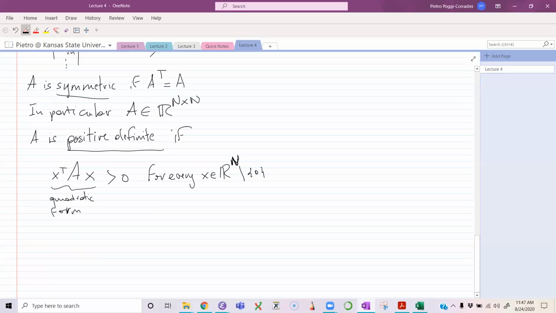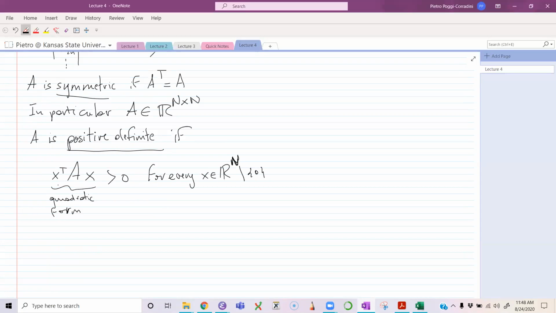Of course, if you put in 0 here, you're going to get 0. But as soon as you are non-zero, you should get a strictly positive result. All right, so that's what symmetric and positive definite matrices are.